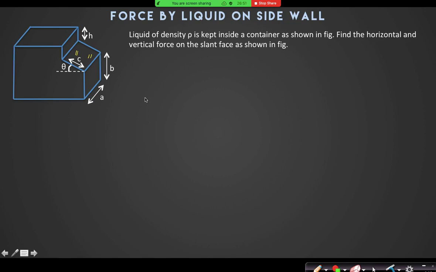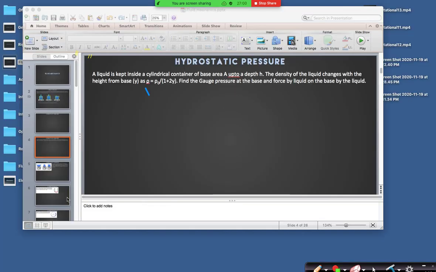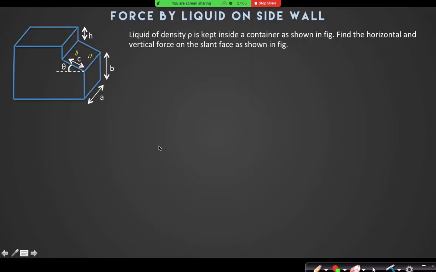Horizontal and vertical separately. Suppose the face is like this. In order to calculate the horizontal force, I will take its projection along this vertical line, and the projection looks something like this.